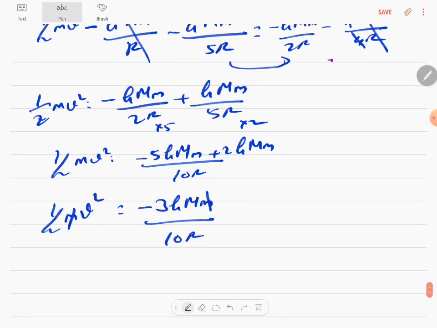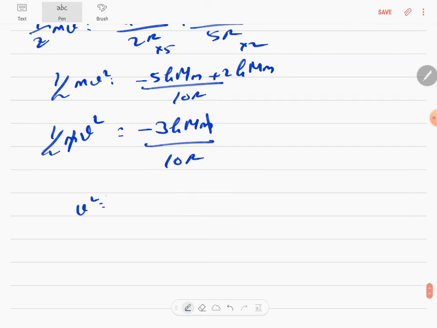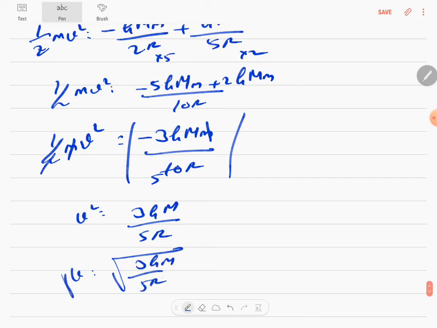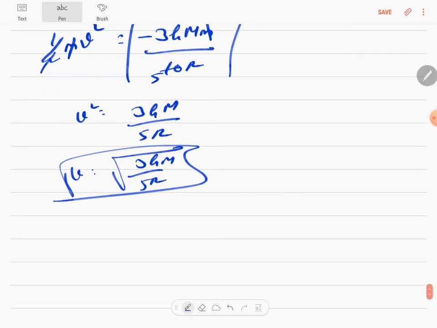The m and m get cancelled, and this 2 and this get cancelled. So v square cannot be negative, so let's take the magnitude of it. That will be 3GM by 5r, and v is equal to root of 3GM by 5r. This is the velocity with which this particle will be getting projected. I hope you understood.